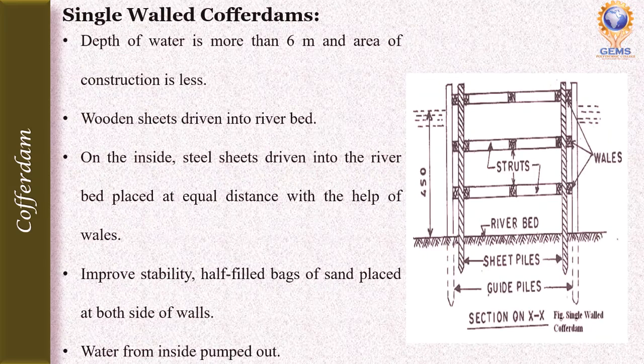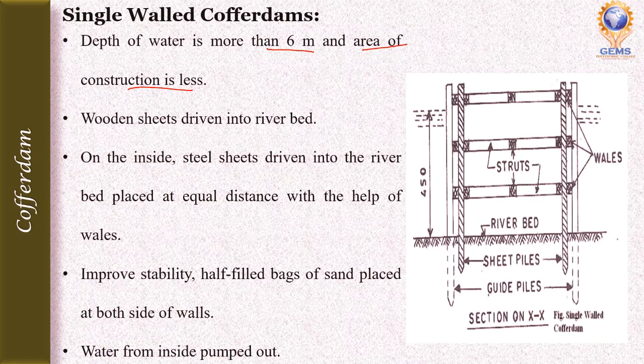This single-walled cofferdam is preferred when the depth of water is more than 6 meters and the area of construction is small. So we will go with the single-walled cofferdams. Wooden or timber sheets are driven into the riverbed on the perimeter of the area of construction.